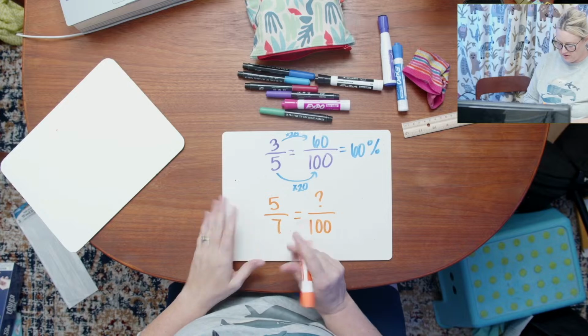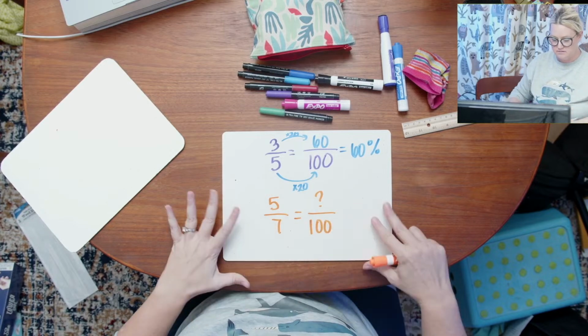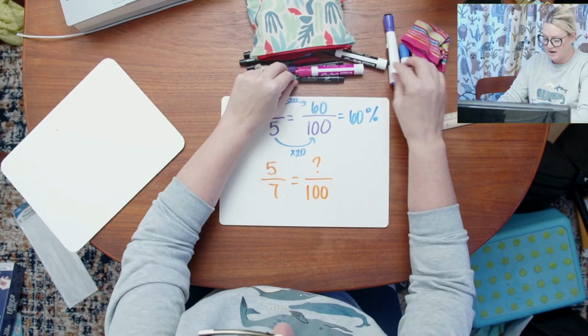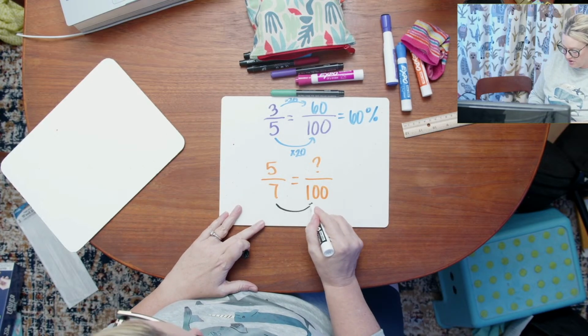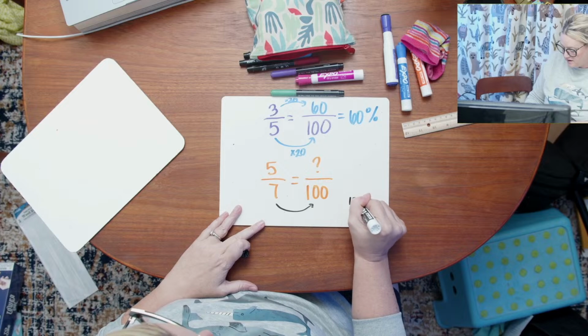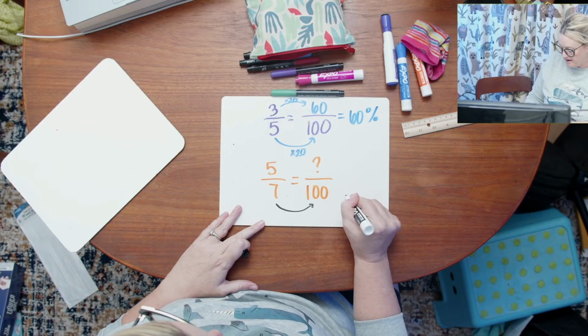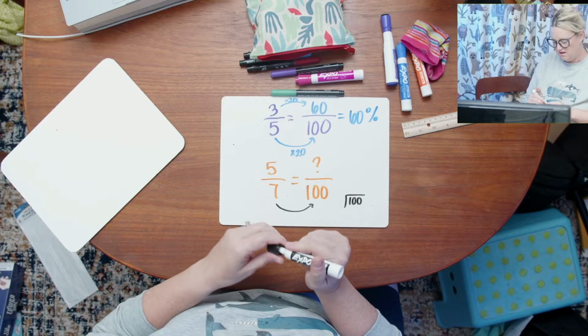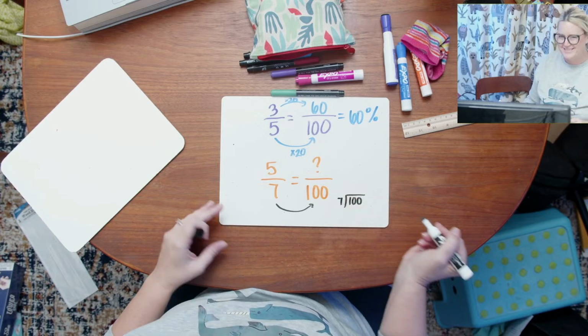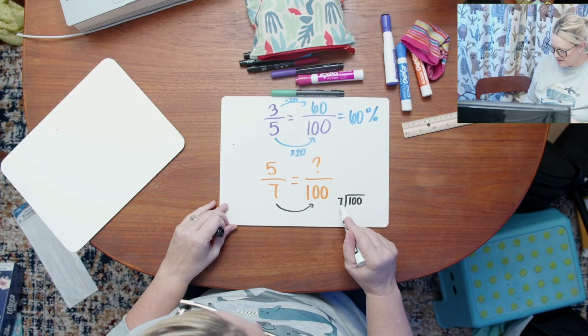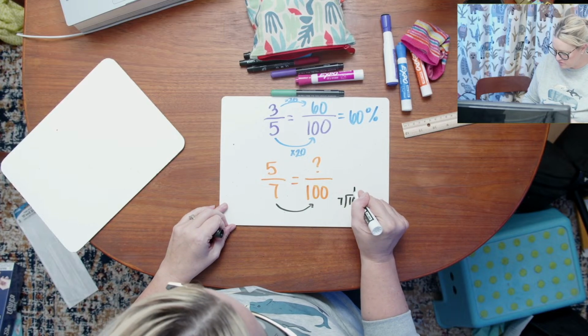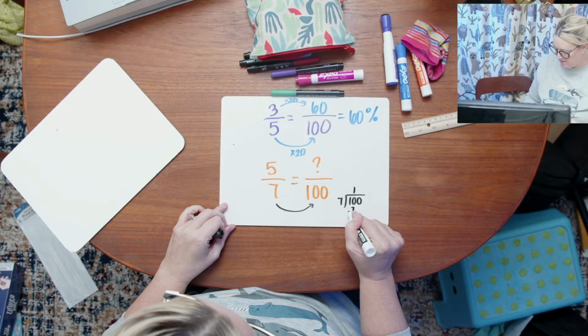To figure out 7 times what equals 100, I can do 100 divided by 7. I didn't make this very friendly for myself, but we'll go with it. 7 into 10 goes 1. 1 times 7 is 7.